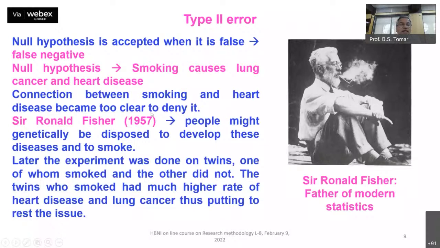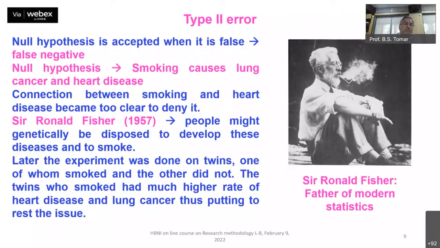You cannot say it is due to that. It is possible that people might be genetically disposed to develop these diseases and to smoke. So it may not be that smoking is causing lung cancer. People who smoke may be genetically disposed to getting heart problems and also to smoking. So it has nothing to do with smoking causing lung cancer.